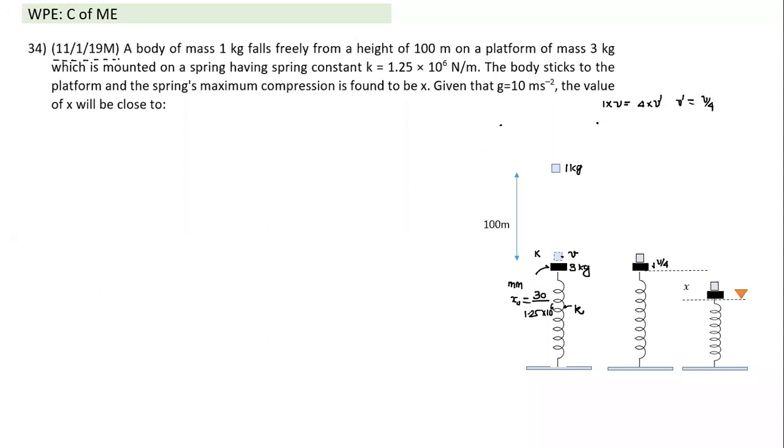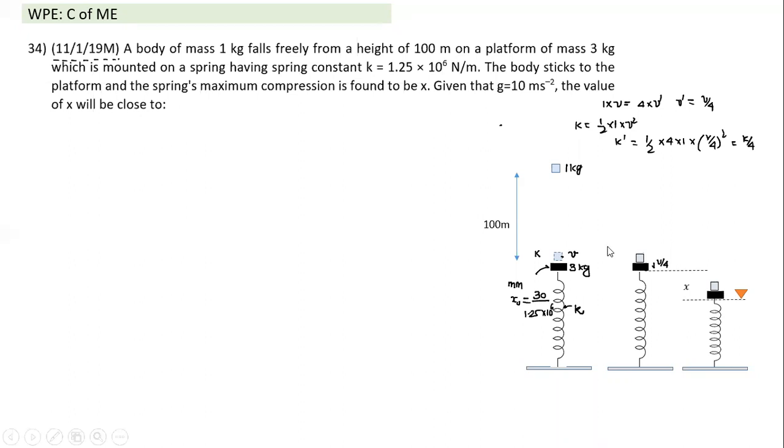Initial kinetic energy was 1 by 2 into 1 into v square. After collision it becomes 1 by 2 into 4 into (v by 4) square, which is K by 4. That's what we have to keep in mind. This part is coming from collision.